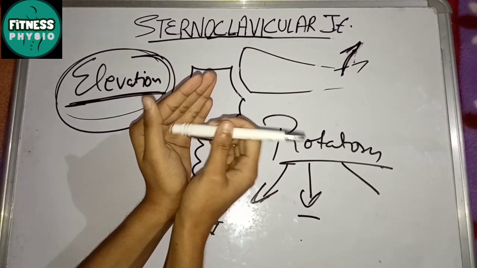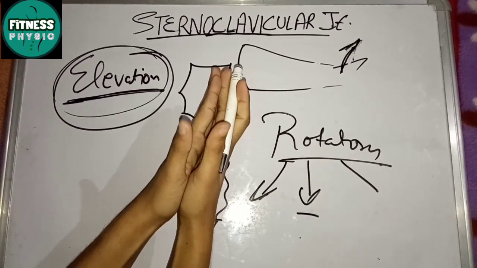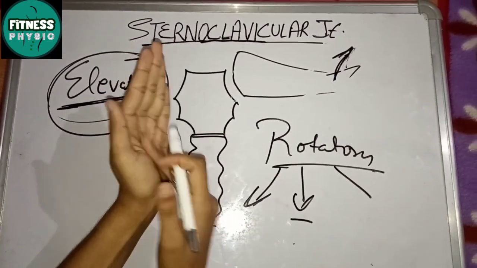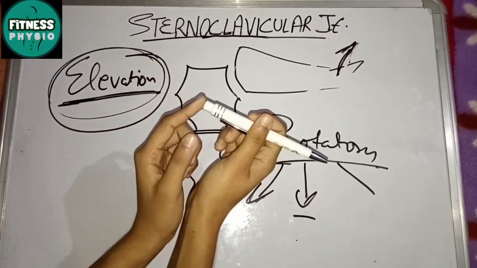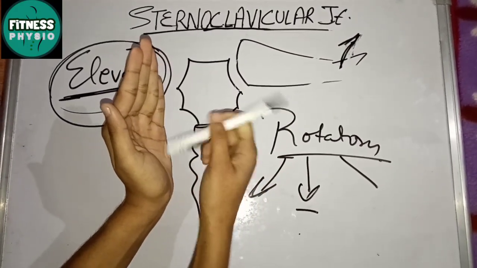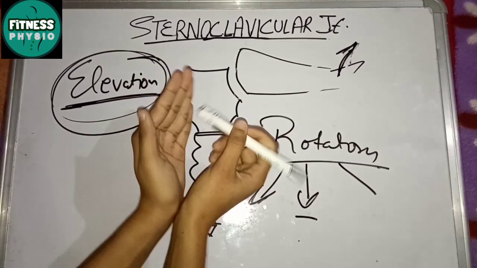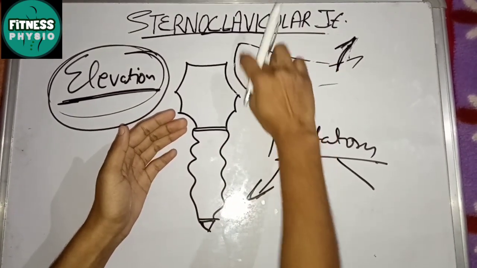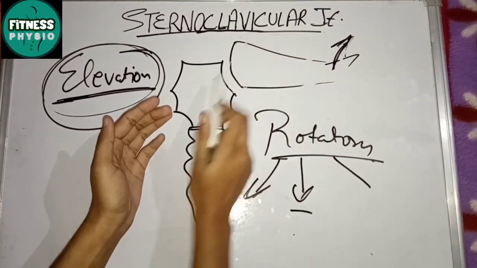What happens here? It applies the arthrokinematics rules. If one articular surface is concave and the other surface is convex, and the convex is moving on the concave, then rolling and gliding will be in opposite directions. Remember this.